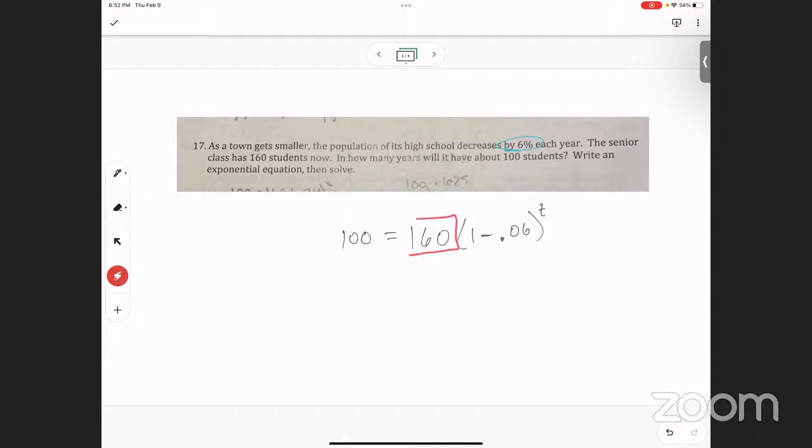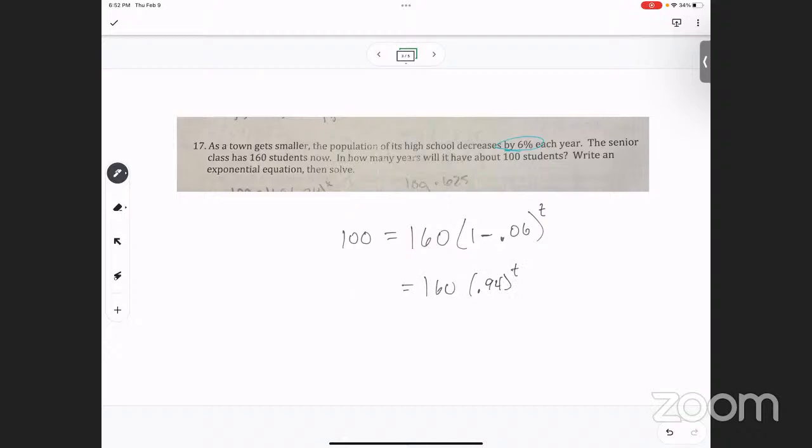So I'm taking my initial population and decreasing it by 6% every year. That's what this little thing does here. This is like 100% of it minus 6% of it, so it's like 94%. You could just write 0.94 if you want.